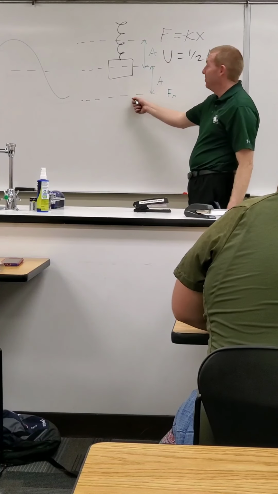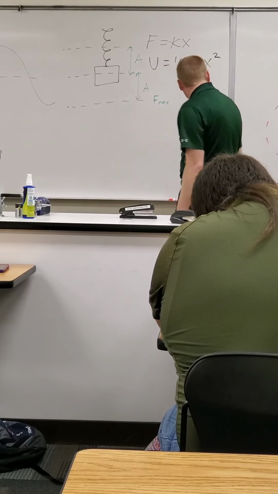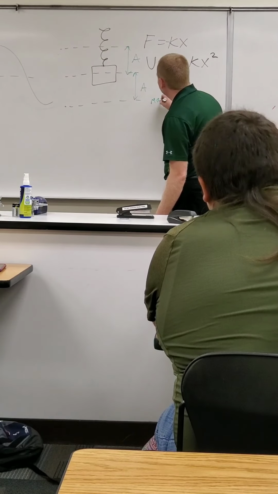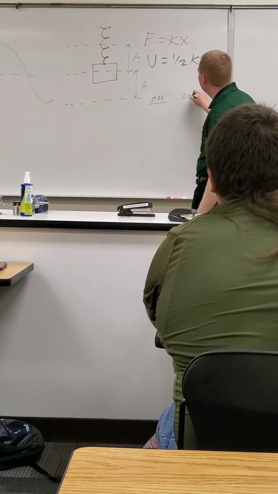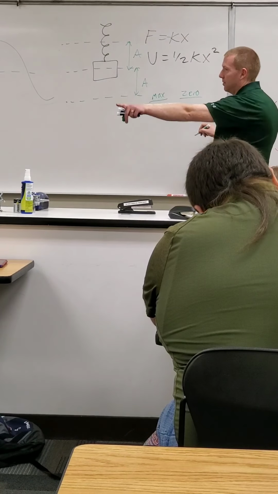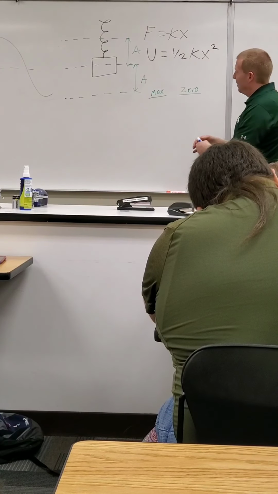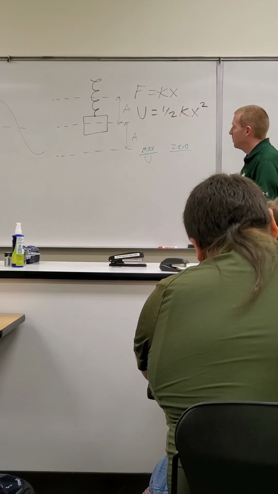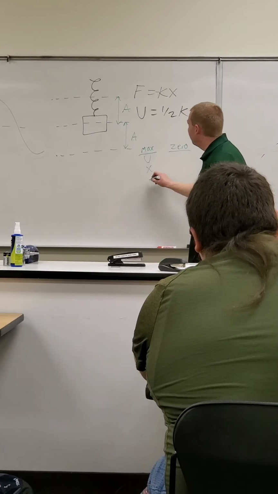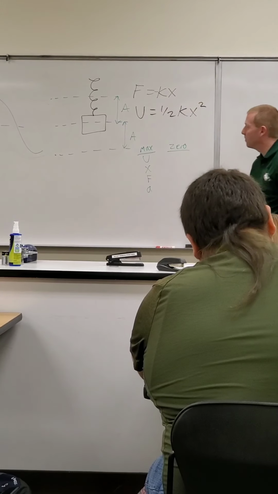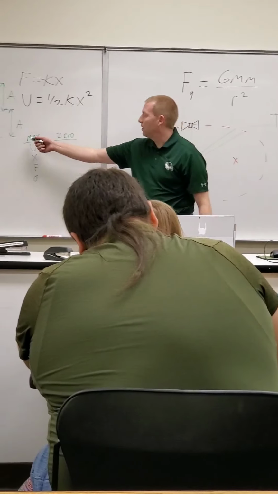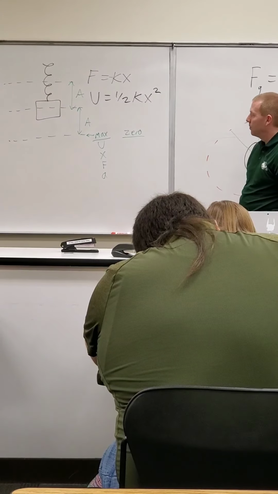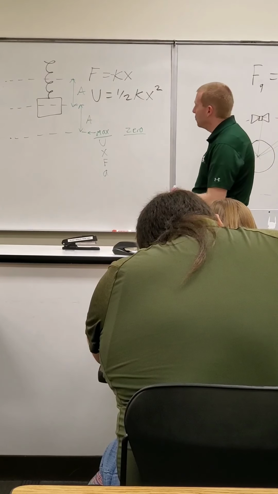Here at the amplitude, the force is at a max. Potential energy is at a maximum. Displacement's at a maximum. Force is at a maximum, and acceleration is at a maximum. What's the U? The potential energy, the elastic potential energy in the spring.